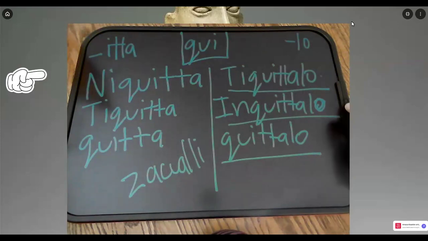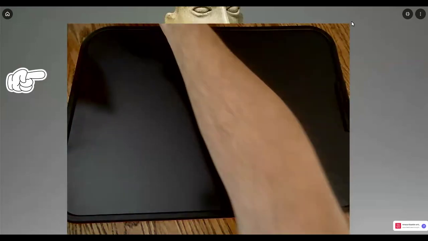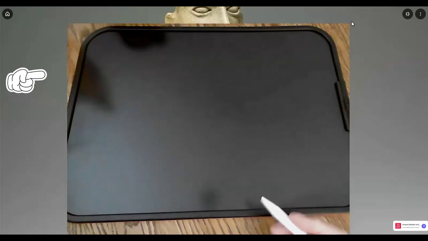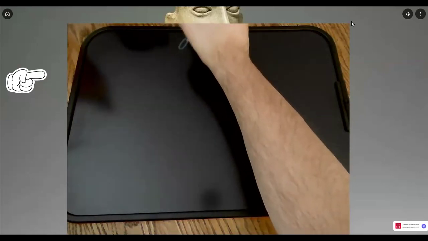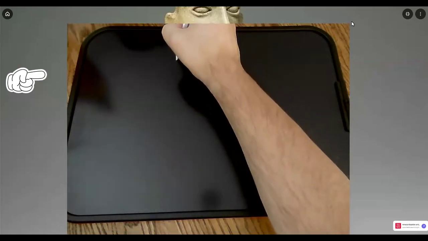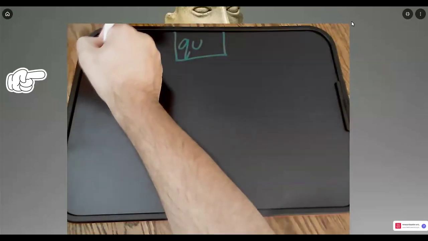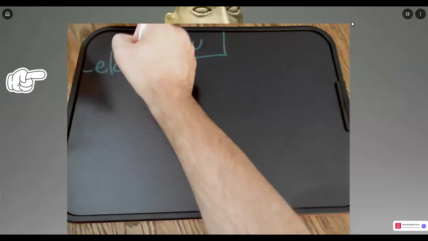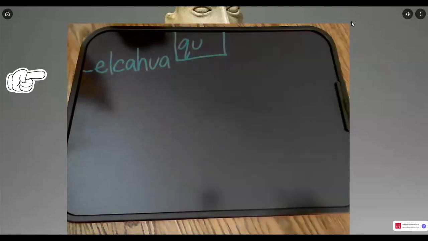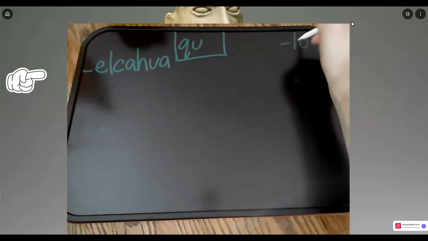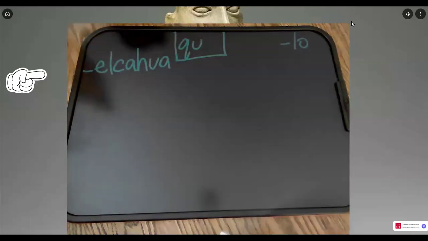So another verb would be, let's see, a verb that you have to use a QU. It's the verb elkawa. Remember the lo for the plurals. Okay, so elkawa means to forget something, to forget.